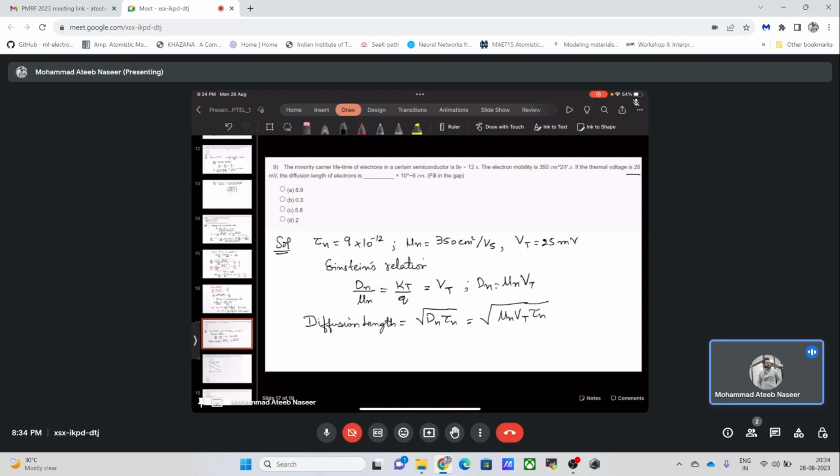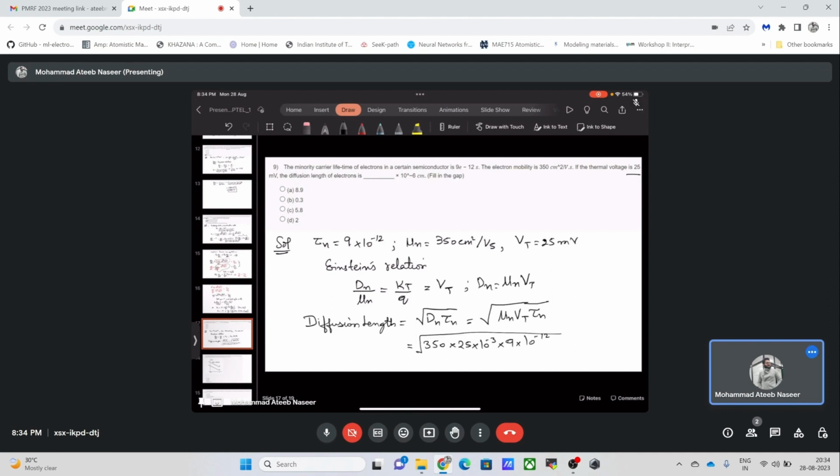The mobility is 350 centimeter square per volt second, Vt is 25 millivolts, and tau n is 9 into 10 to the power of minus 12.